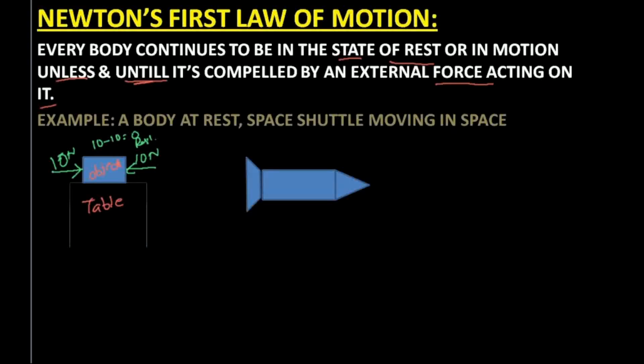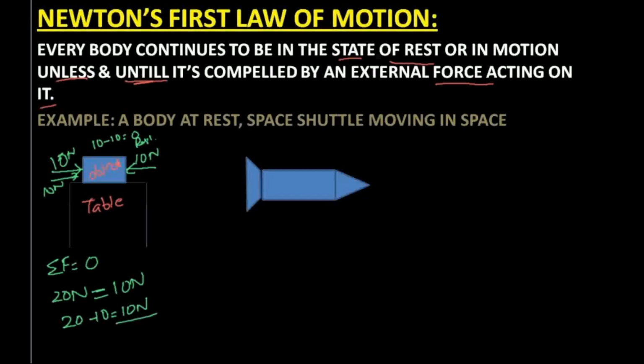So when will the object move? When there is a net force, an unbalanced force acting upon it. Suppose one more 10 Newton force is applied. If we consider summation of F, from left to right it is 20 Newton, and from right to left it is 10 Newton. 20 minus 10 is equal to 10 Newton.